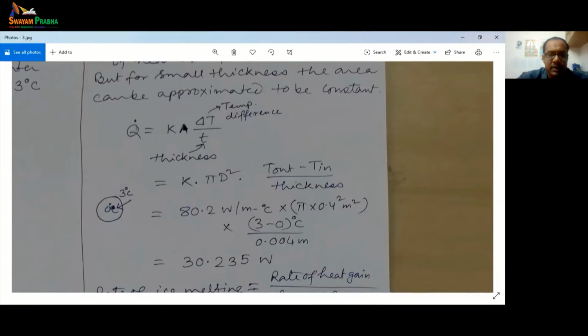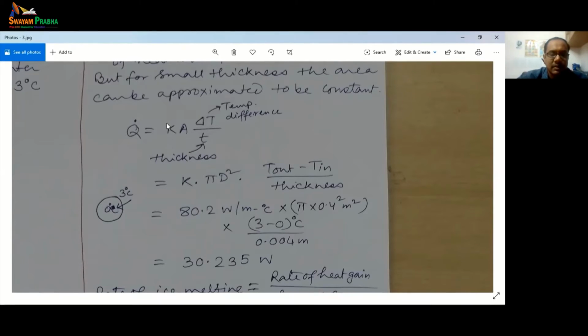Let's say we designate it with A, and that will be multiplied by the temperature difference, delta capital T, divided by small t. This small t is not time but the thickness of the spherical ball.